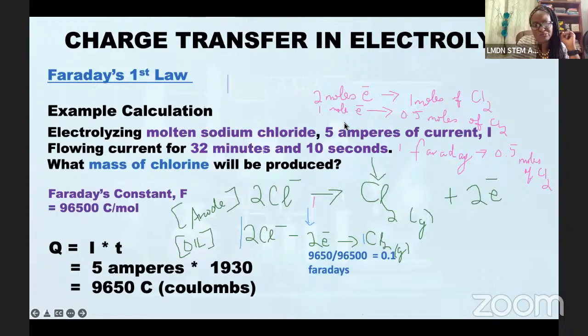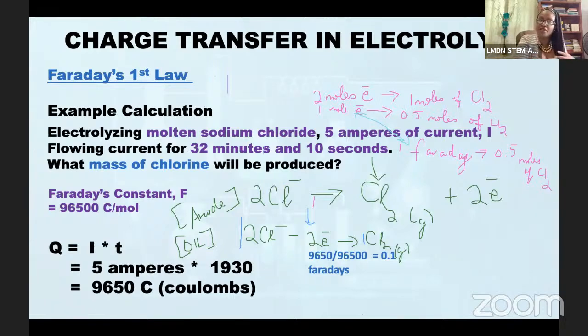So these two things say the same thing. 1 mole of electrons goes to 0.5 moles of chlorine molecule, and so 1 Faraday is going to give us 0.5 moles of chlorine, right? Are we on the same page there?